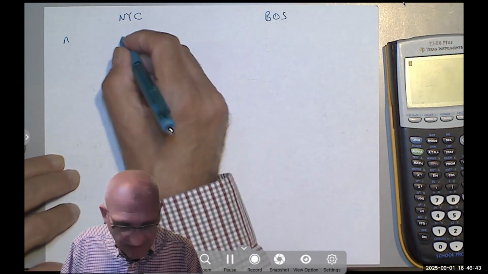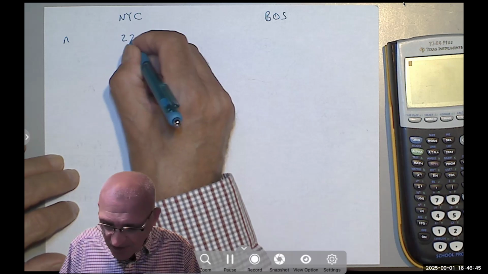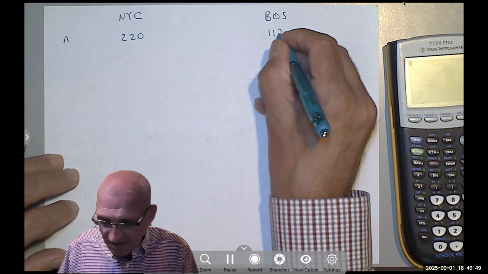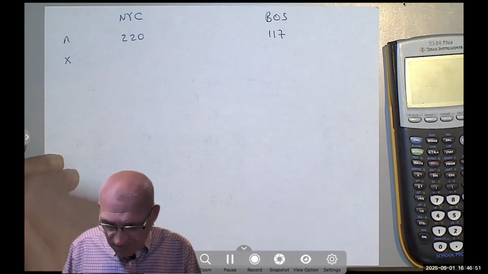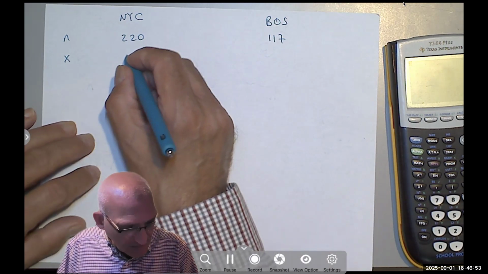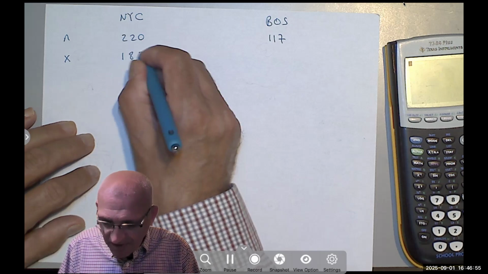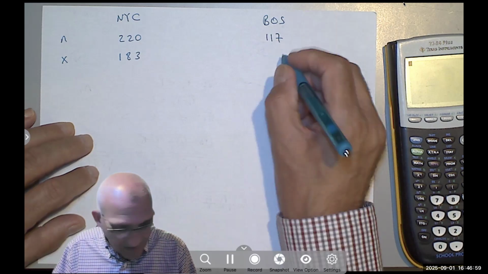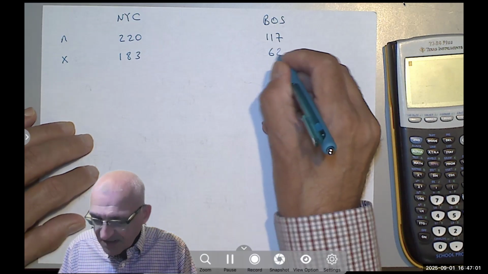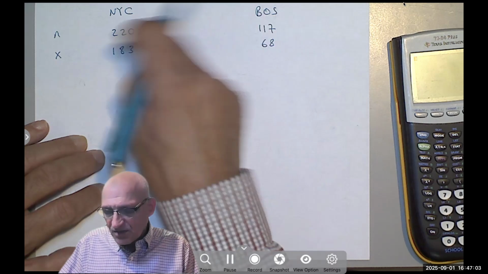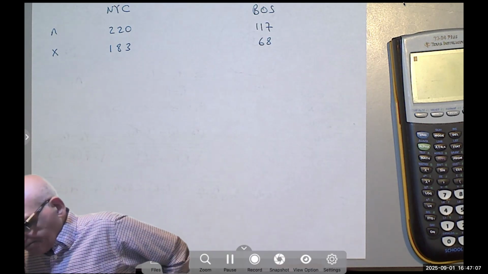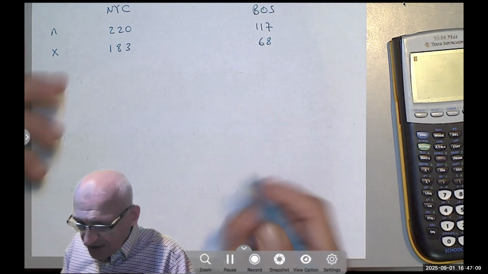In New York City, they checked 220 vehicles, and in Boston, they checked only 117. And they found in New York City, 183 people wearing their seat belts, while in Boston they were only 68. But of course, the number is not the same, so we can calculate the ratio of each one. That's what we need to do.